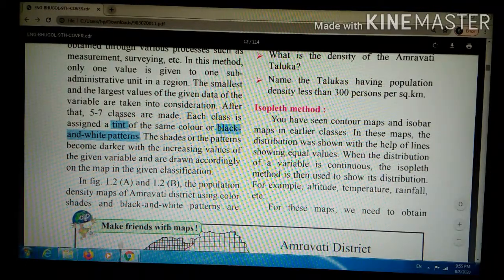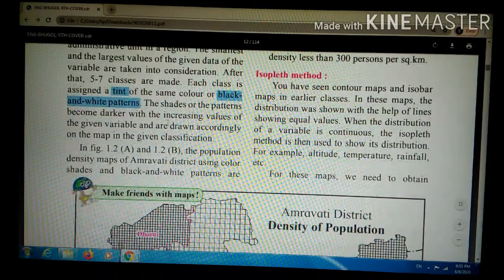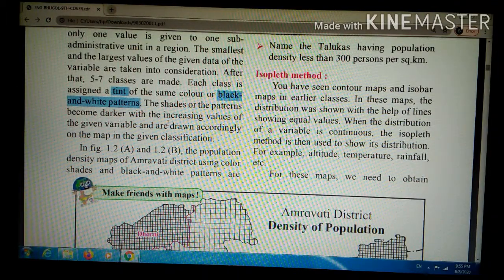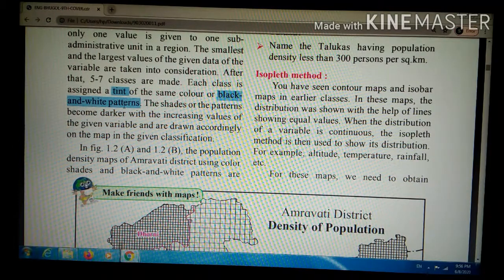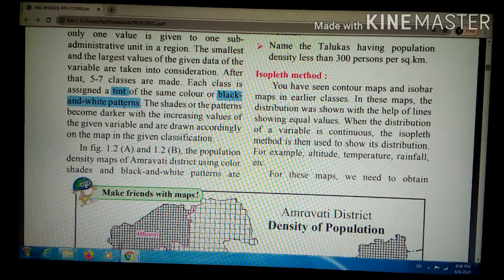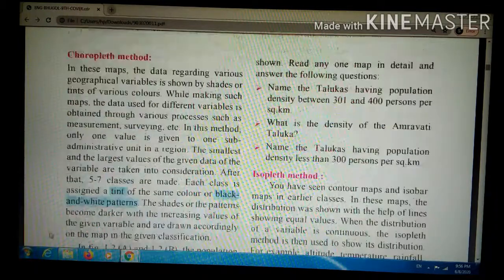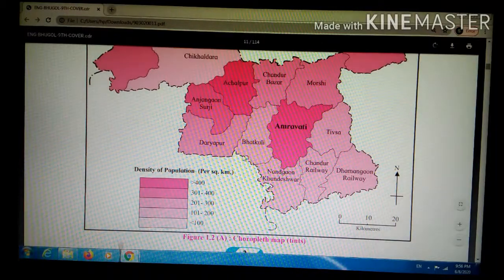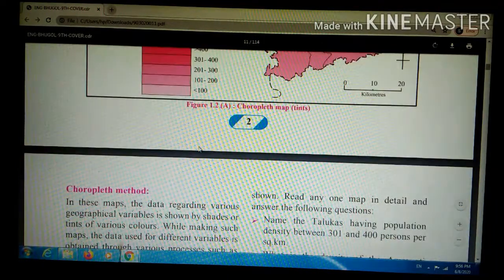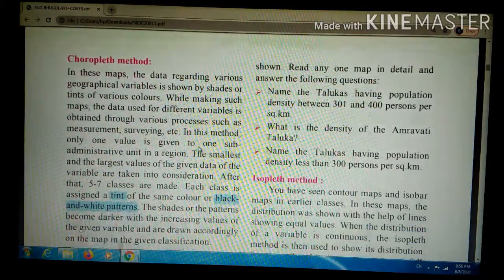After that, 5 to 7 classes are made. Means how many classes will be made? Only 5 to 7. Each class is assigned a tint of the same color or black and white patterns. Means they will use the same coloring in shades, or it may be a black and white pattern. See the shade given here. In this way we have to give shades or patterns to the map.